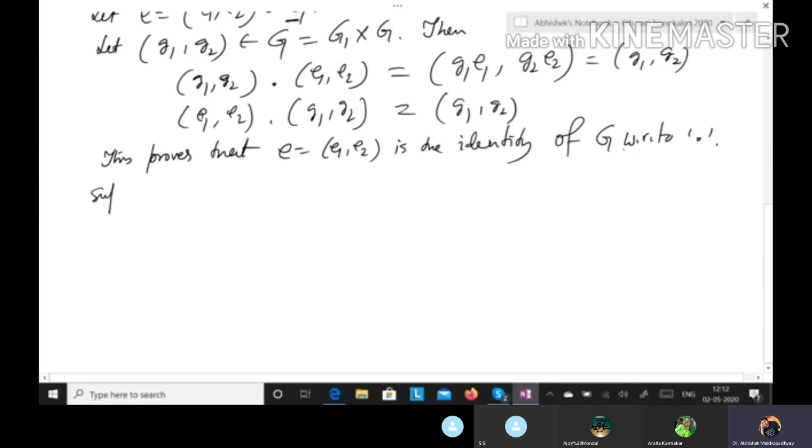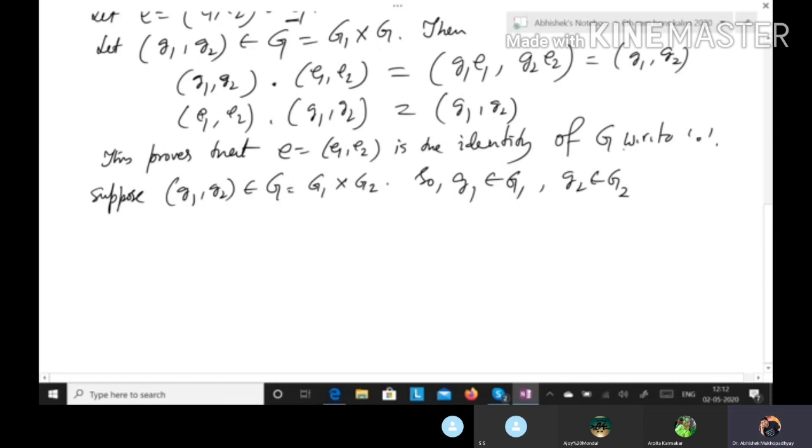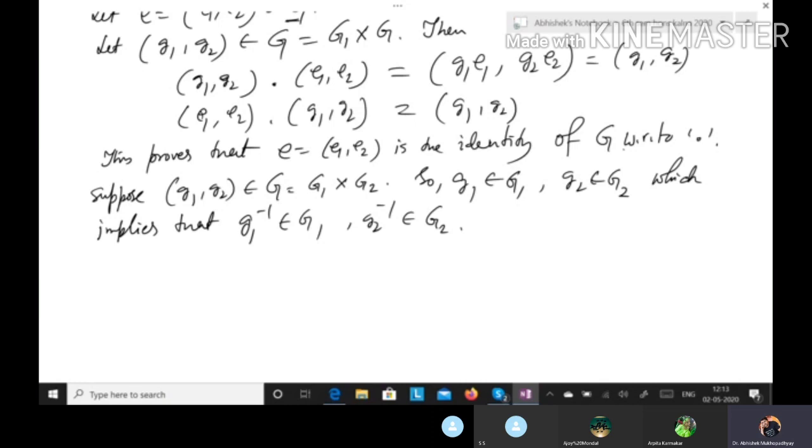And suppose again (g1, g2) is any element of G. So g1 belongs to G1 and g2 belongs to G2, which implies that g1 inverse belongs to G1 and g2 inverse belongs to G2. That is, the inverses of g1 and g2 will exist in the respective groups.